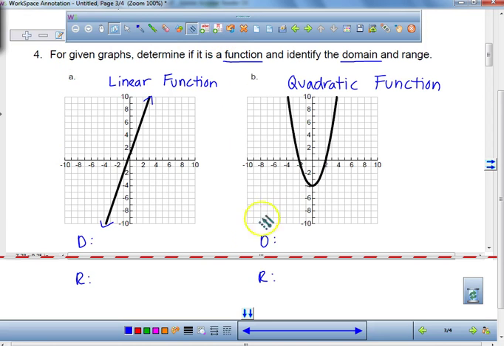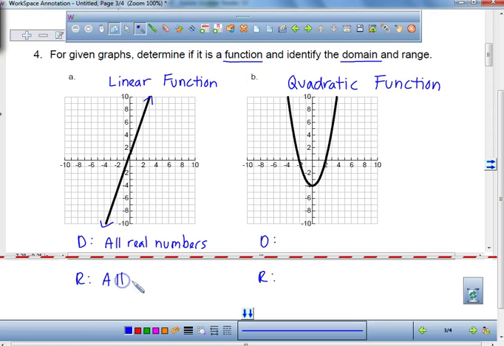So when you guys are looking at this, does this graph ever look like it's going to end to the left? Or does it look like it's going to go to the right and never end? No. It's going to keep on going, which means all values of x are being plotted, which means all real numbers. So the domain, everybody, is all real numbers. Okay? All real numbers.